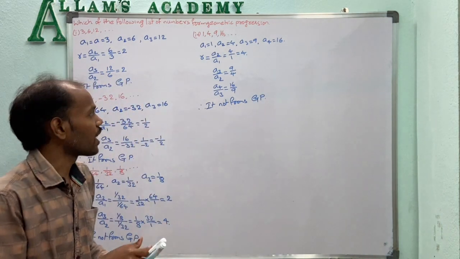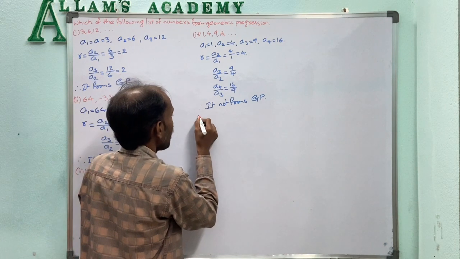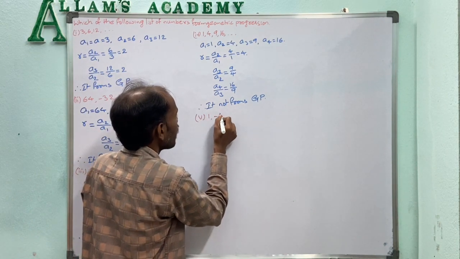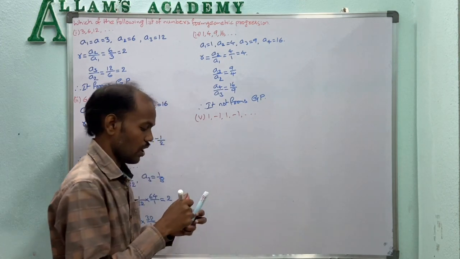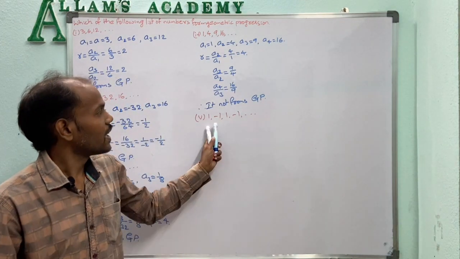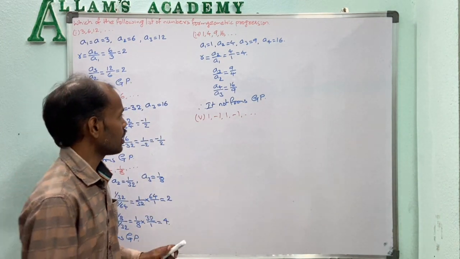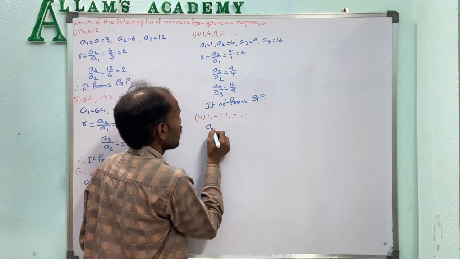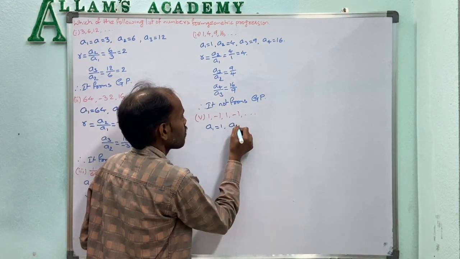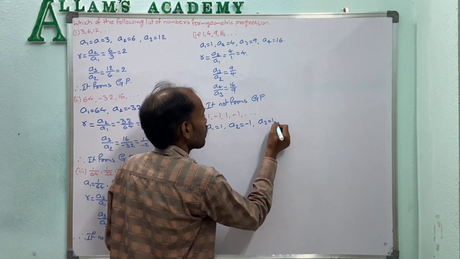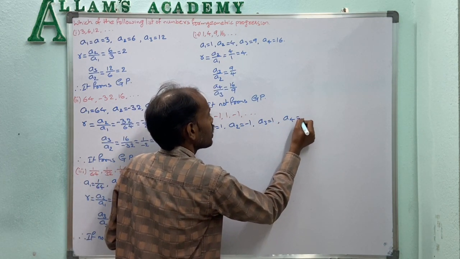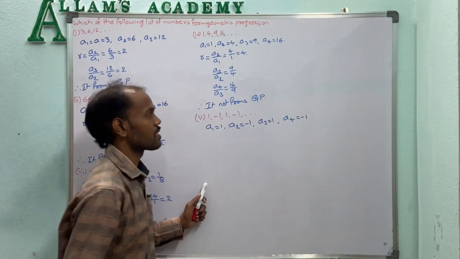Now the next problem is given as 1, minus 1, 1, minus 1 and so on. Now here in this series, the first term a1 equals 1, the second term a2 equals minus 1, the third term a3 equals 1, and the fourth term a4 equals minus 1.